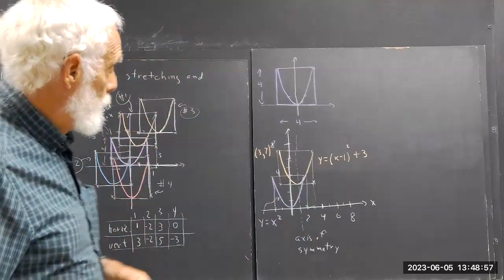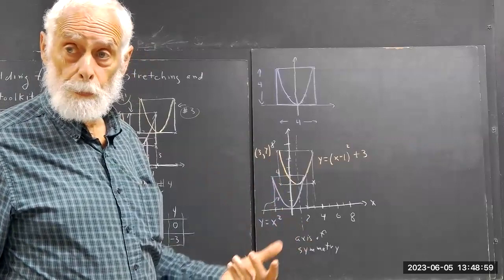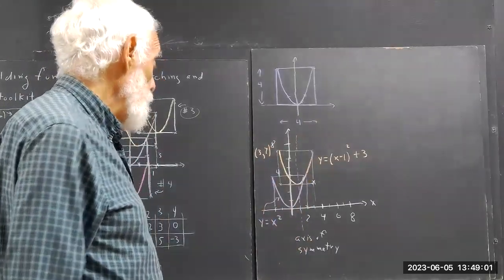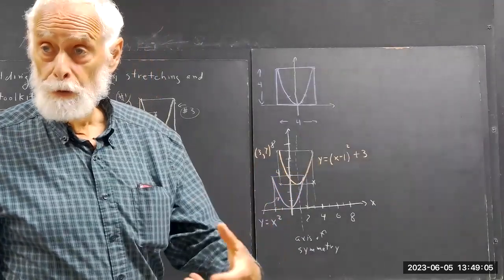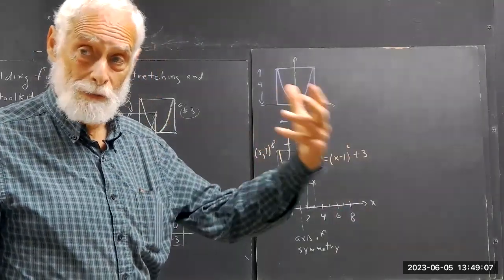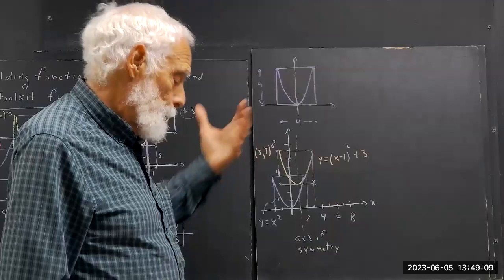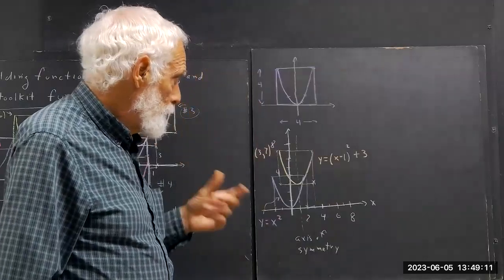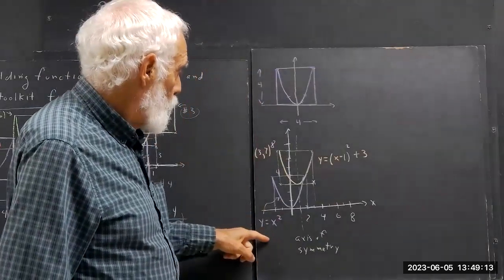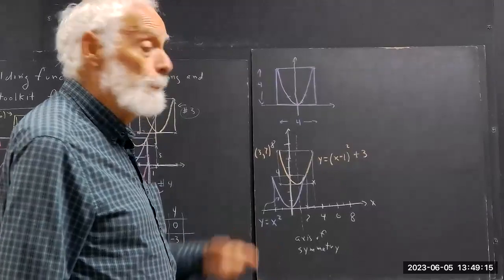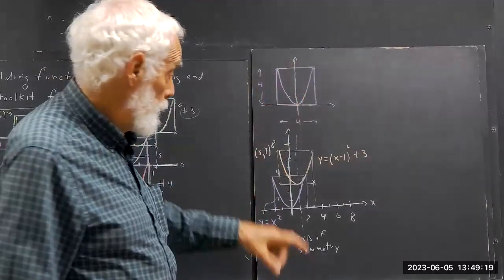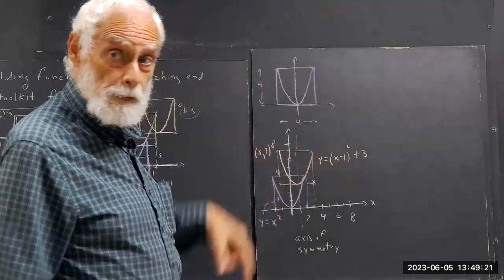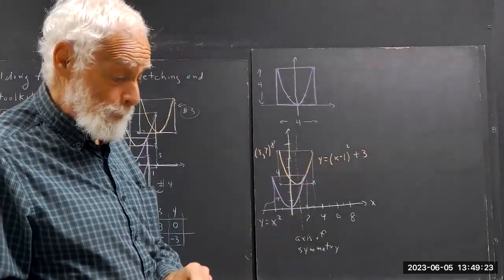Well, hopefully you've listed a couple of other points. You can actually take the coordinates of the 7 points on the basic toolkit squaring function and add 1 to each of their x coordinates, add 3 to each of their y coordinates, and you're going to get 7 points on this graph. I'll list them in a while, but you could do that.